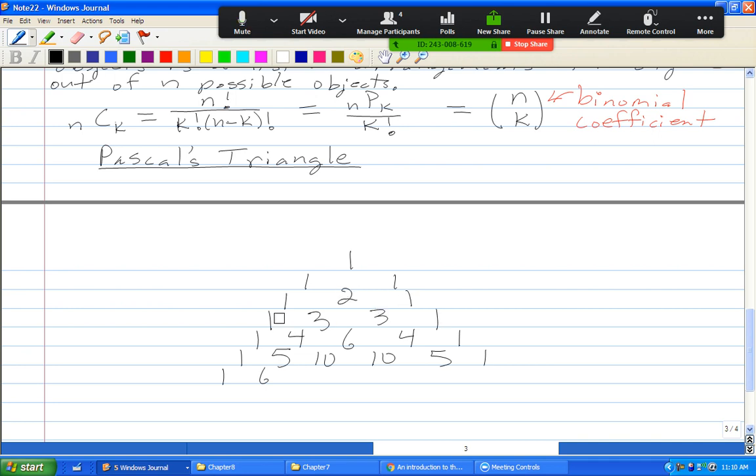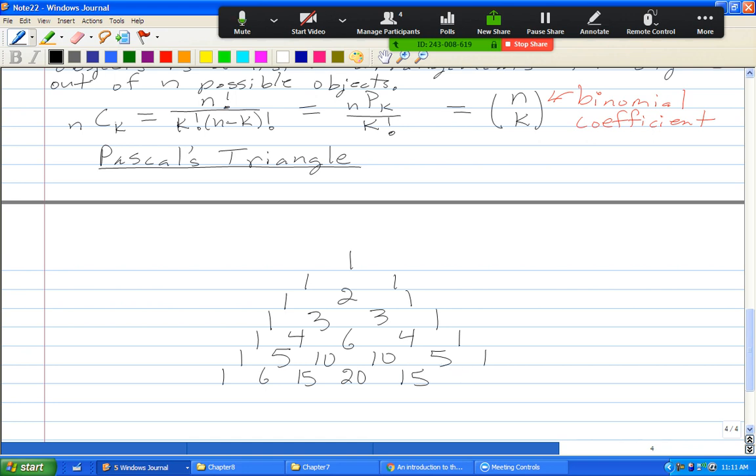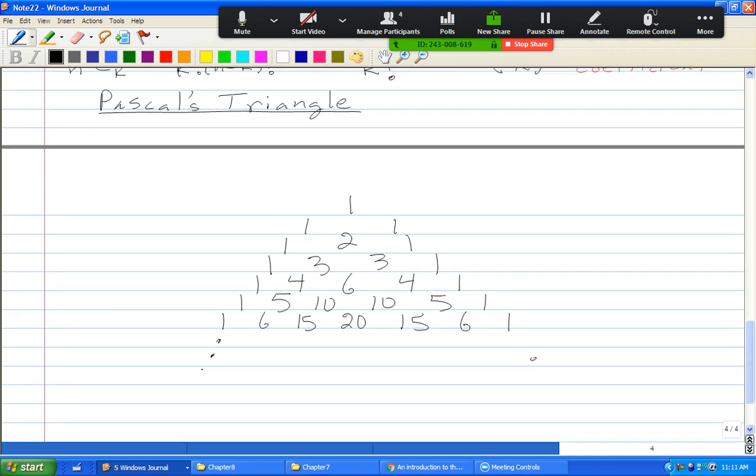Drop down the 1. 1 plus 5 is 6. 5 plus 10, 15. 10 plus 10, 20. 10 plus 5, 15. 5 plus 1, 6. Drop down the 1, etc.